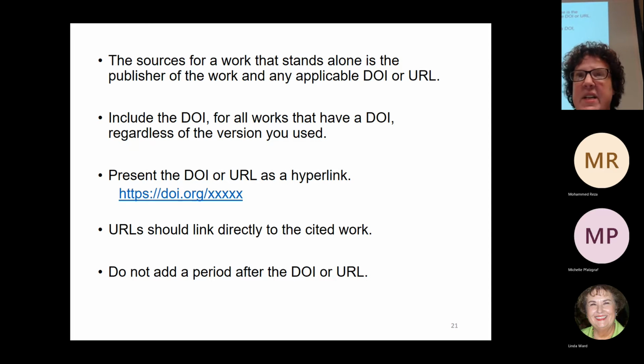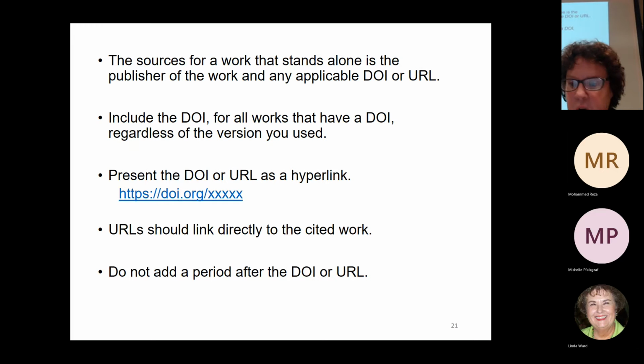You could also be quoting a journal itself, then the publisher would be the source. Like if you're mentioning the whole journal in a paper, or you're analyzing the whole journal, then the publisher is responsible for it, and you would use that as your source.